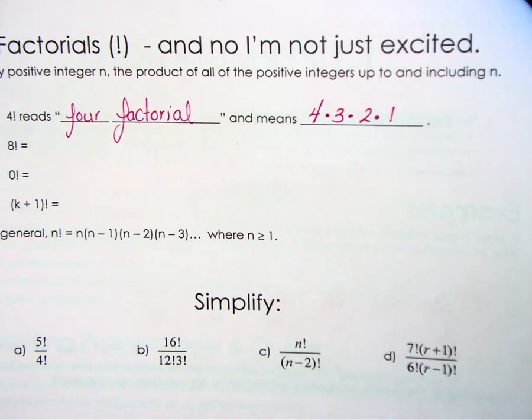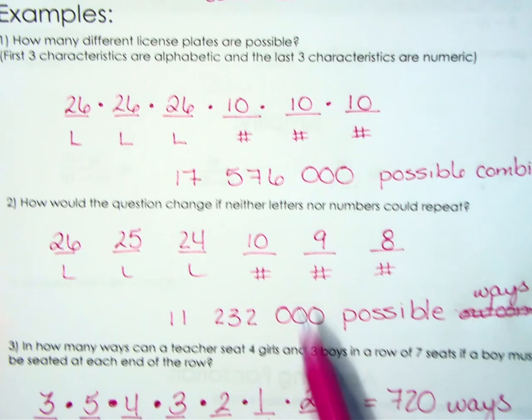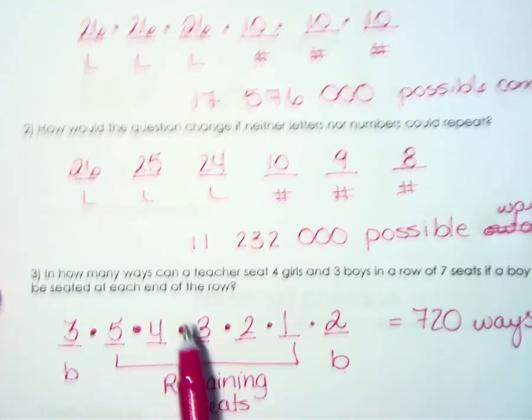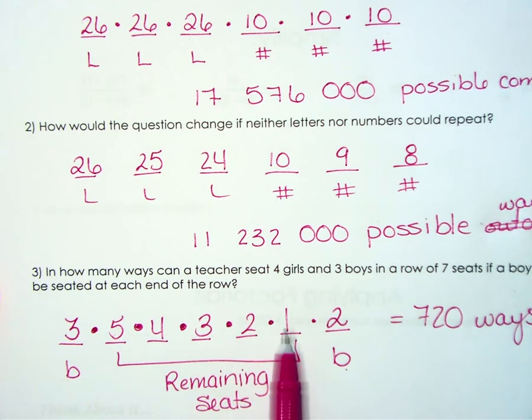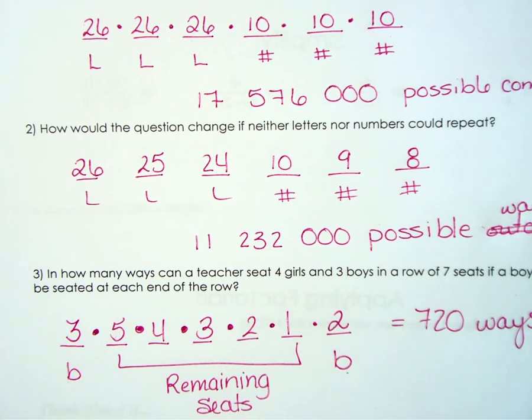So, I'm going to flip back a page for a sec. If I wanted to figure out what 5, 4, 3, 2, 1 is, I could have used the factorial button on my calculator to do that. What is it? Of 5, yeah.